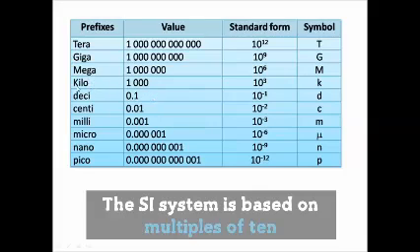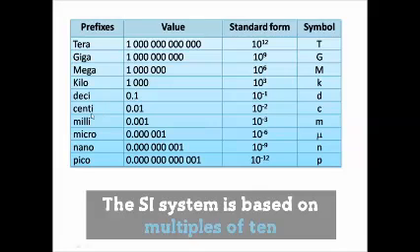So kilo basically means the same thing as 1,000. If I put that in front of meter, it means 1,000 meters. Just like on your computer, if you've heard of bytes and megabytes, mega means a million. So if I say megabytes, it means 1,000,000 bytes of storage.